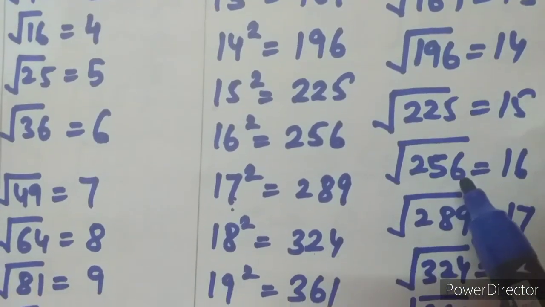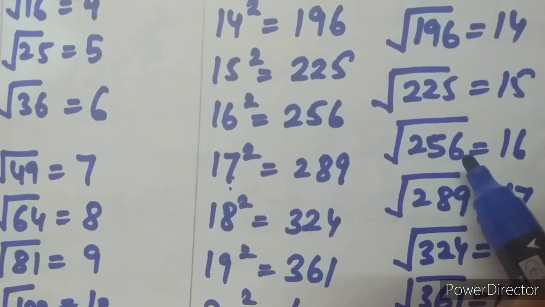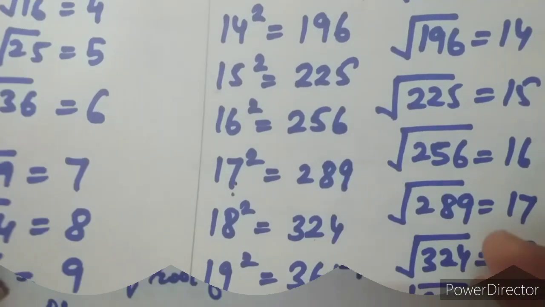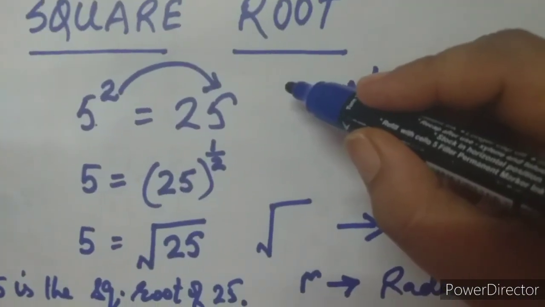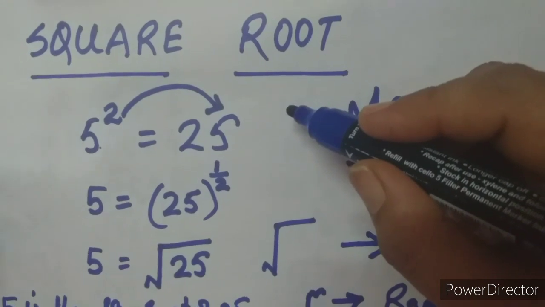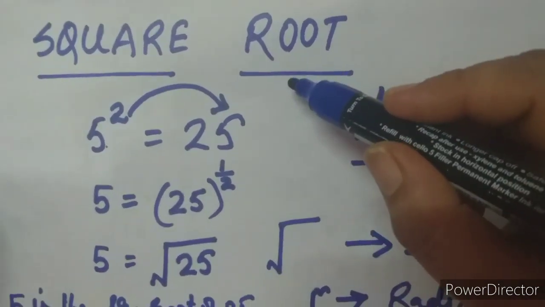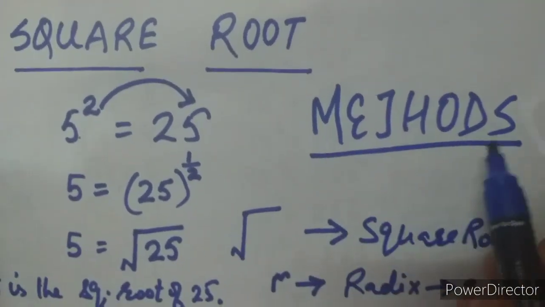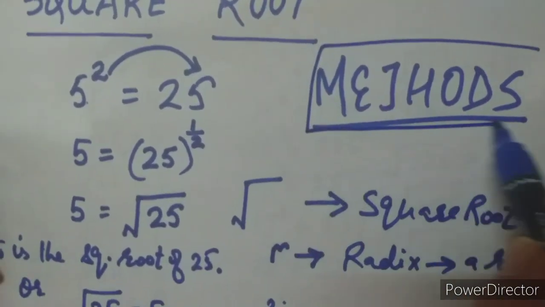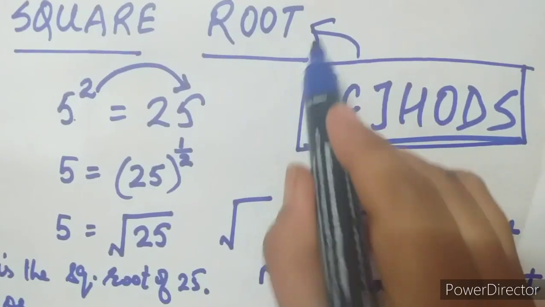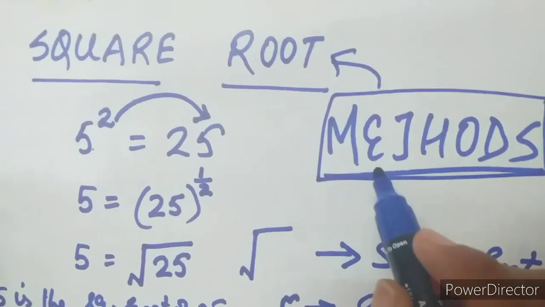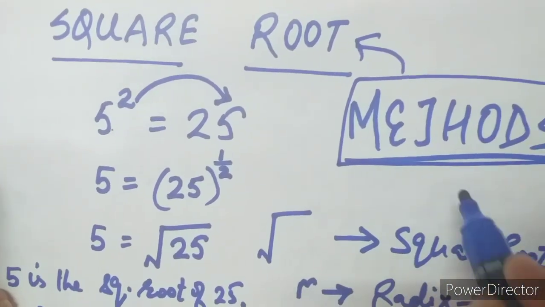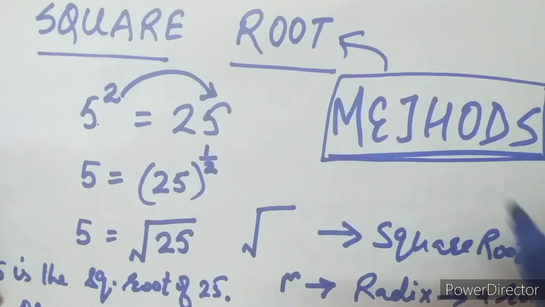Now once the concept of square root is clear to you, next comes the important part: what are the methods to find the square roots? I will give you the names only, and the methods I will discuss in my next video.